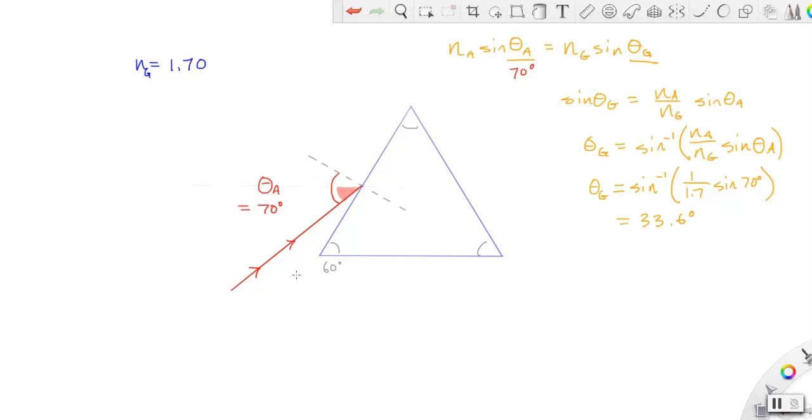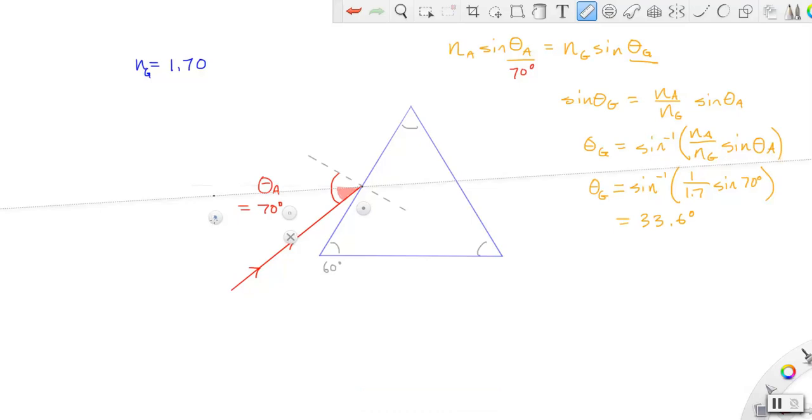We have to stop and think about what that means, right? So let's go ahead and put our ruler up, and remember that we have a horizontal here. We are interested in the normal, which is at 30 degrees, and the angle with respect to the normal is going to be 33.6 degrees. Now keep in mind what that means is that as this ray is heading in that direction, it is going to be redirected toward the normal, closer to the normal, right?